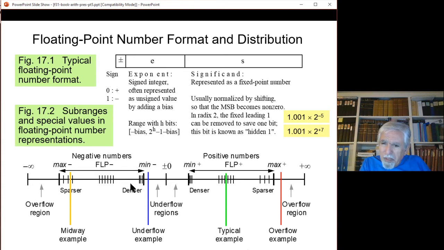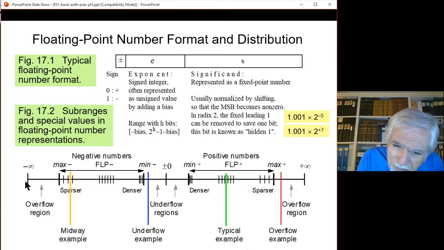Besides these, what we call ordinary or standard floating point numbers, there are special codes for plus or minus 0. For plus infinity, that's basically a number that is too large to be represented. It's a special marker. And minus infinity, a number that is too negative to be represented, we use that marker to represent it.